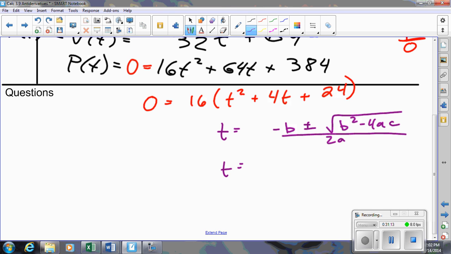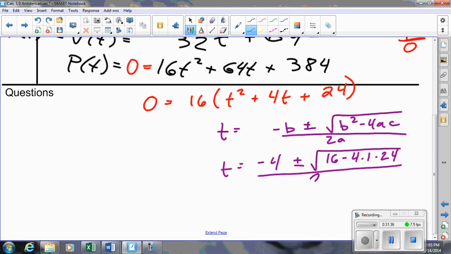So negative b is negative 4 plus or minus the square root of b squared, 16, minus 4 times 1 times 24, all over 2 times 1.